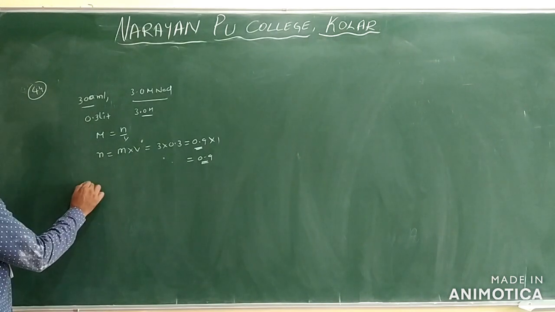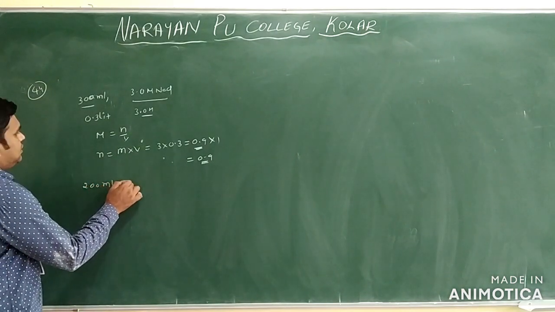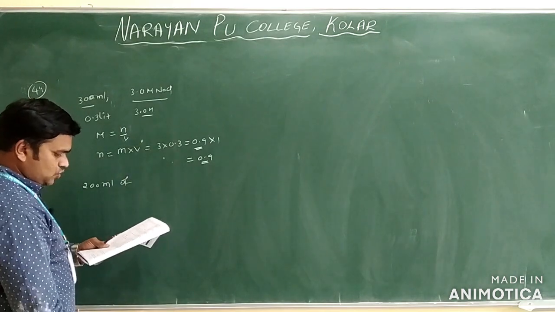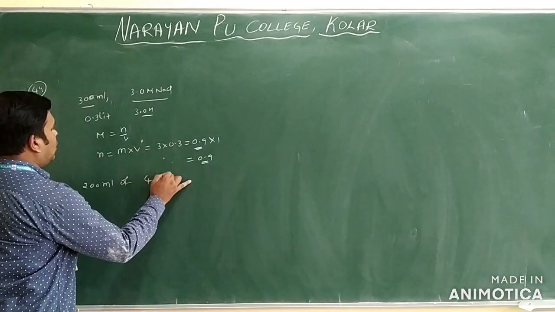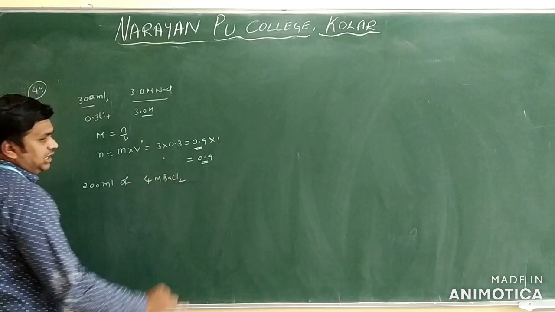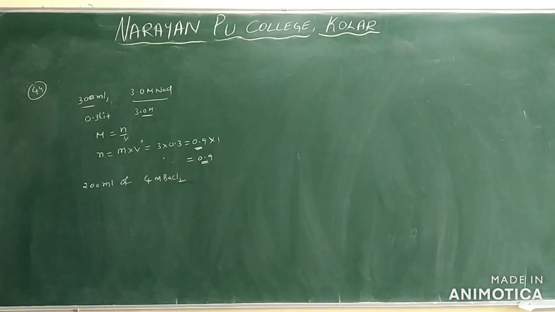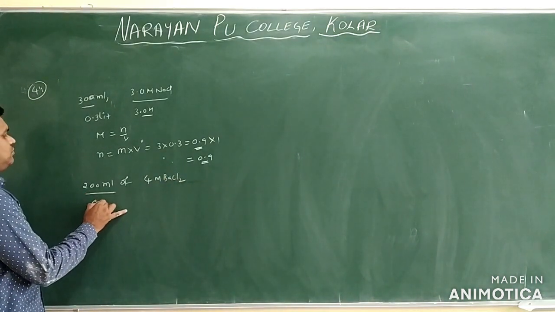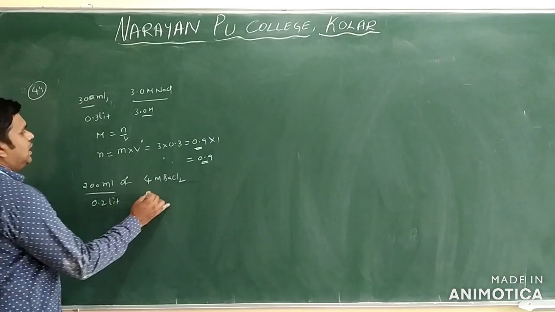See the next one, what is given? 200 ml of 4 molar BaCl2 is given. This 200 ml means how many liters we have? This is 0.2 liters and this is 4 molar.